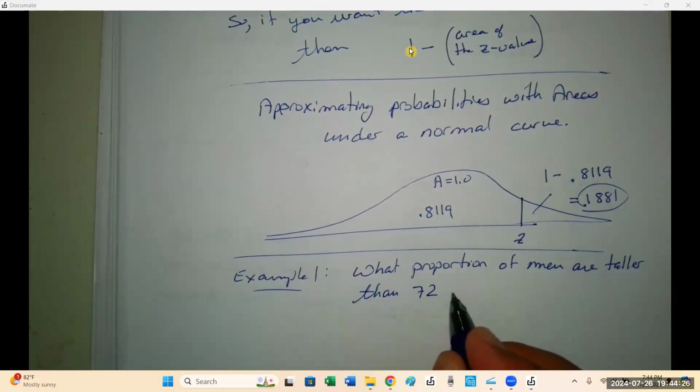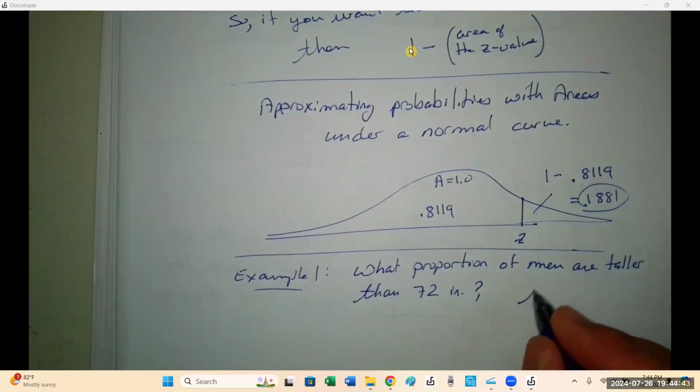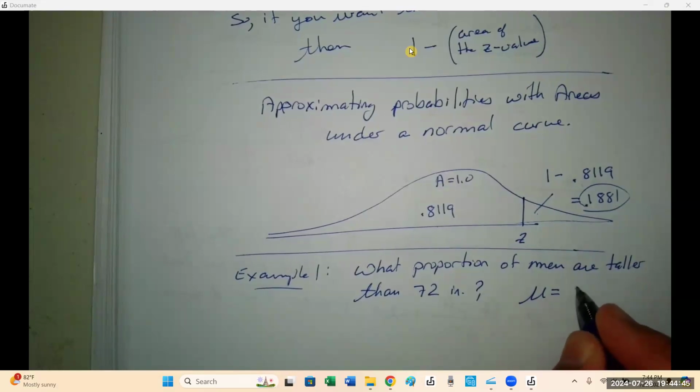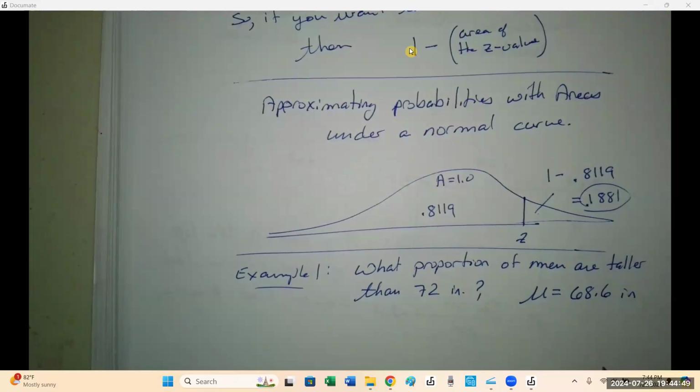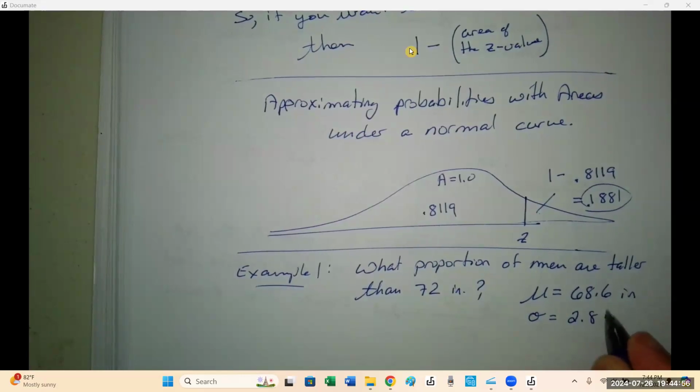Okay, let's see what information they give us here. The heights of men are normally distributed with a mean of 68.6 inches and a standard deviation of 2.8 inches.